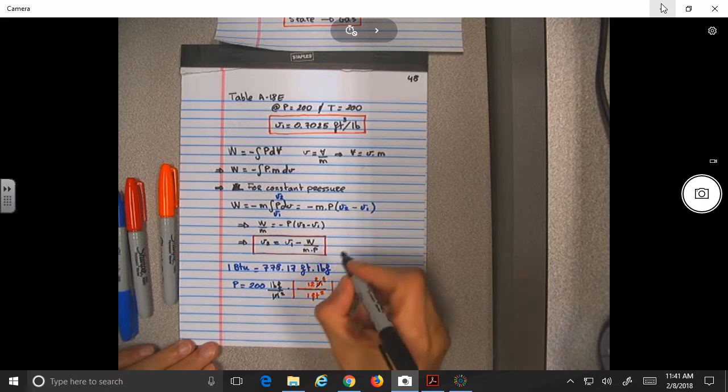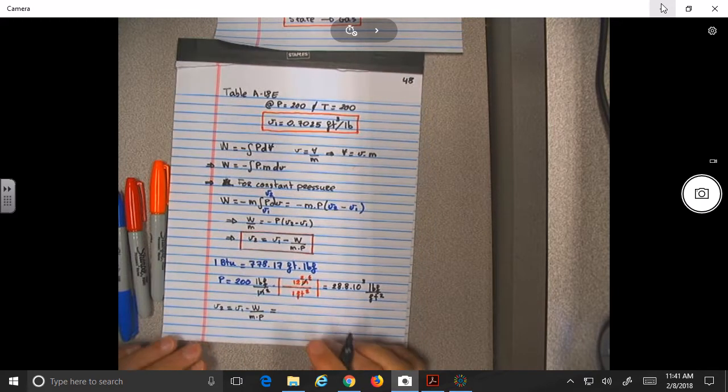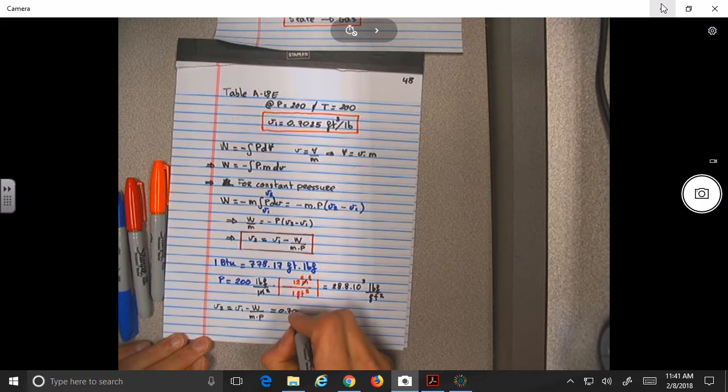Okay, so now let's go back and substitute into this equation over here, into V2. All right, so we're going to have V2. Let me rewrite it again. V1 minus work divided by M times P. So let's see if I can make it fit over here. So what is V1? 0.7025.